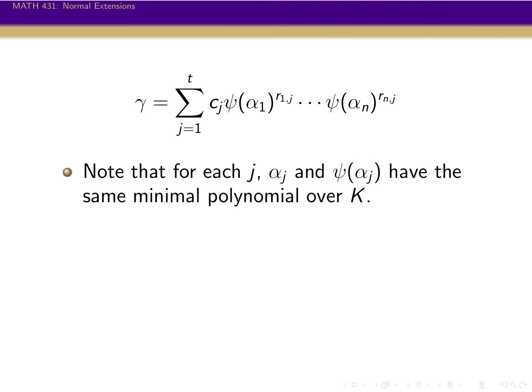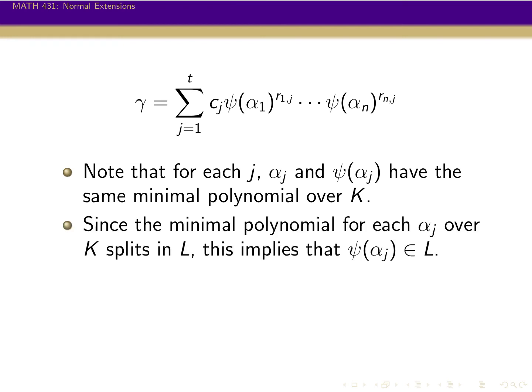Now let's think carefully about what psi is going to do to each of these. So for each j, alpha j and psi of alpha j are going to have the same minimal polynomial. And that's because psi is an automorphism on sigma, and so it's going to send elements to other things that have the same minimal polynomial. This is a property of automorphisms that we've been using for quite a while.